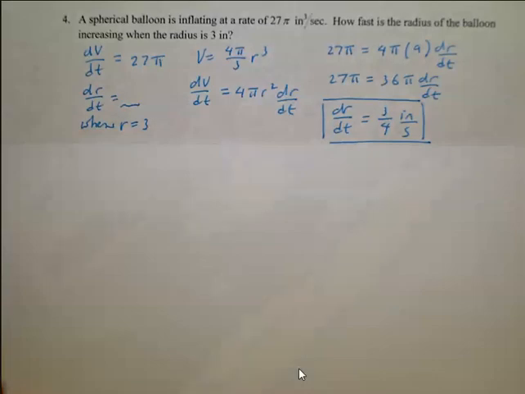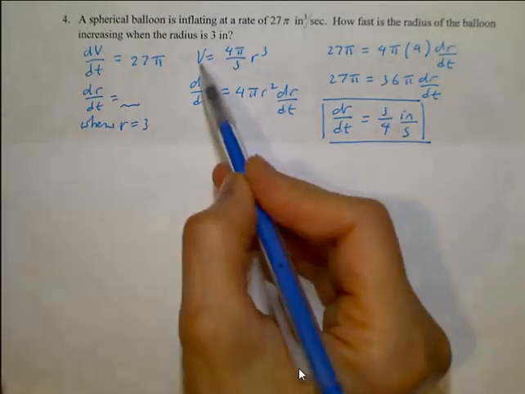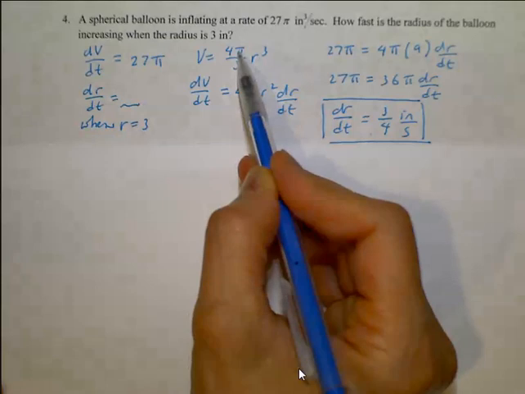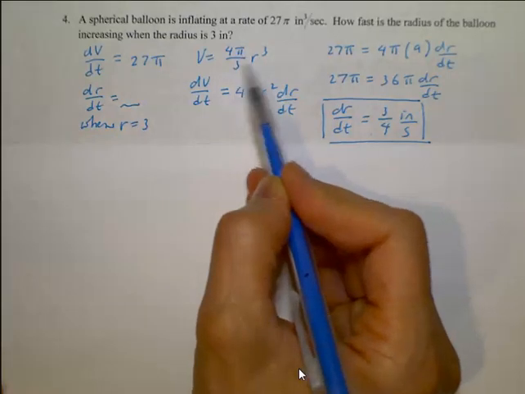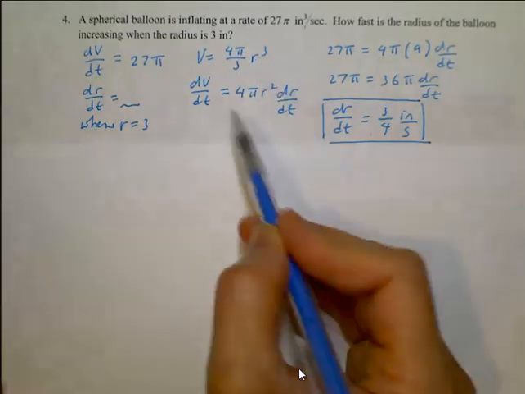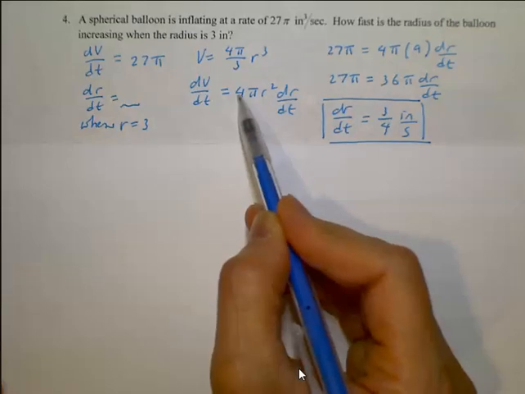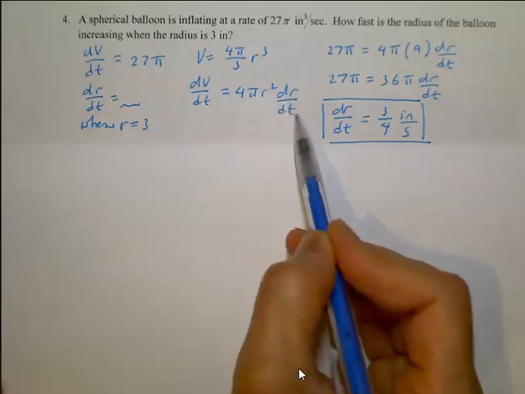So I'll first of all start off with the volume formula for a sphere, which is 4 pi over 3 r cubed. So I take the derivative, so that would be dV/dt is equal to 4 pi r squared dr/dt.